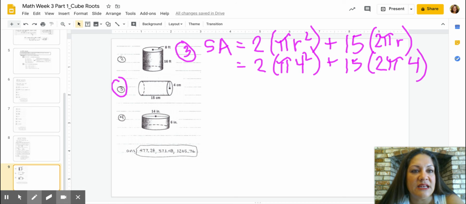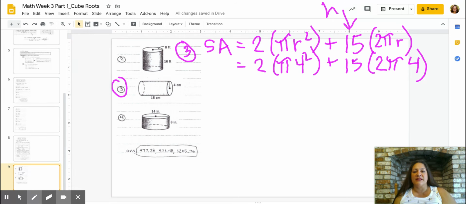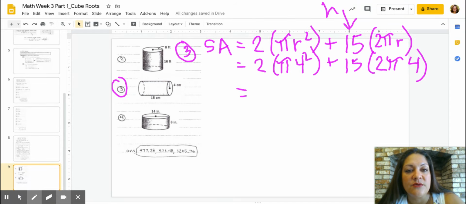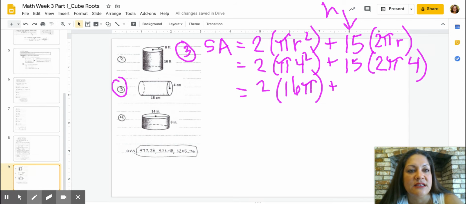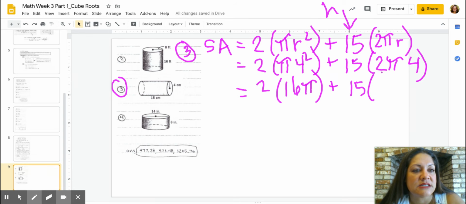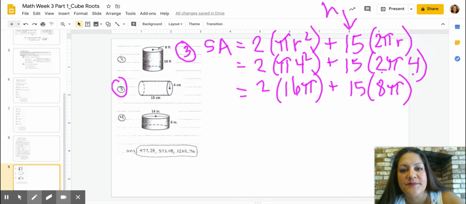Oh, and I should have made this one here an H just for our formula. That's all right. Okay, so let's solve. Equals 2 times 16 pi, 4 times 4 is 16, plus 15 times, let's see, 2 times 4 is 8 pi.